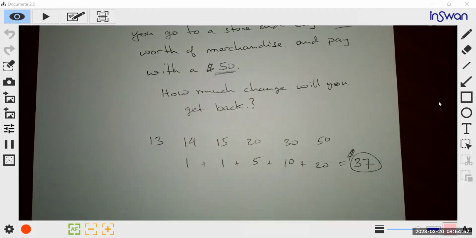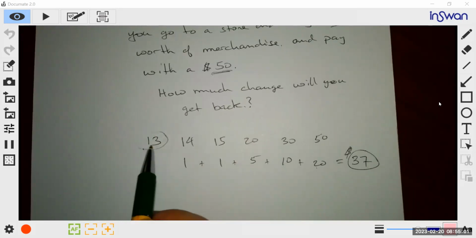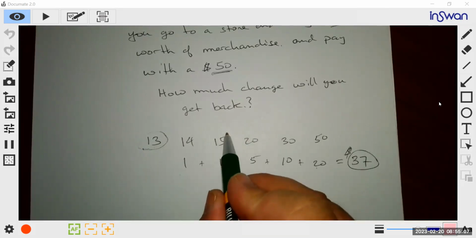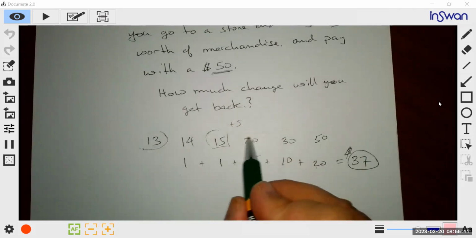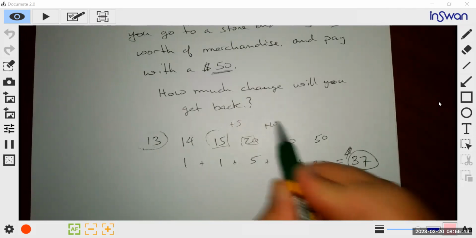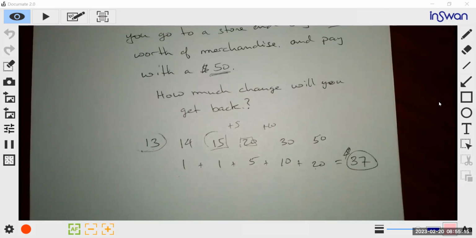That's the reason it's called count up or make change, because you start with the number you ended up with and add up from there until you reach the total.